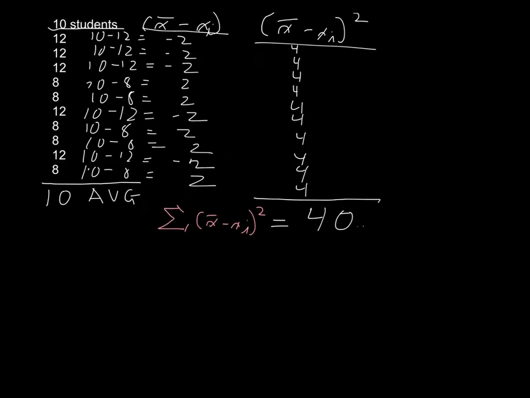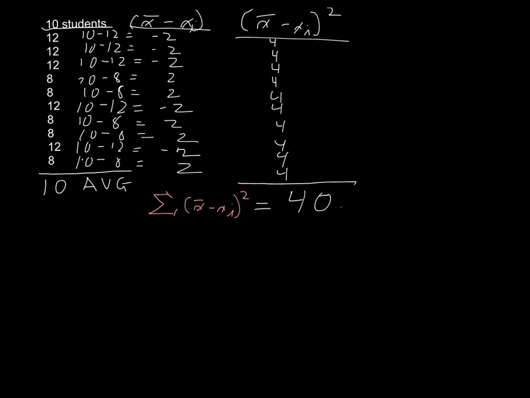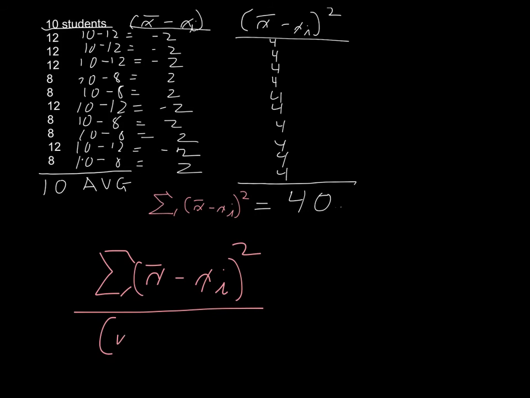The next thing I'm told to do by my standard deviation formula is I'm told to take the sum of these squares and divide by my number of measurements minus 1.